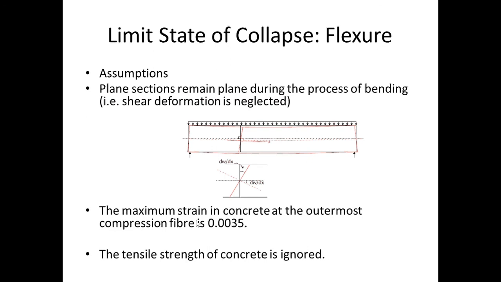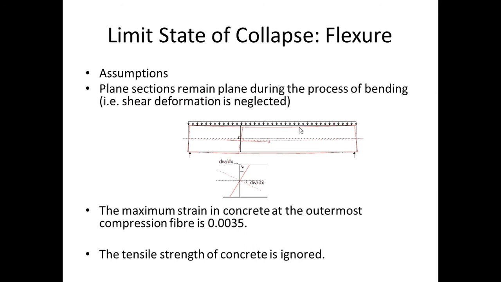So let me see some of the assumptions made in the limit state, for the limit state of collapse in flexure. A plane section remains plane during the process of bending. So even after bending, we assume that the section will be straight.